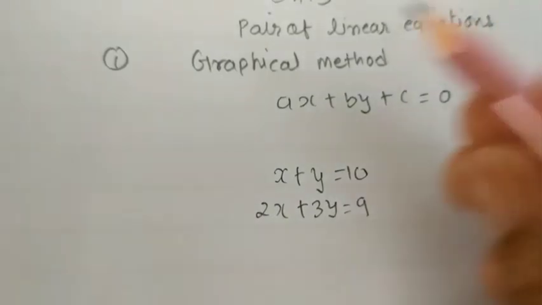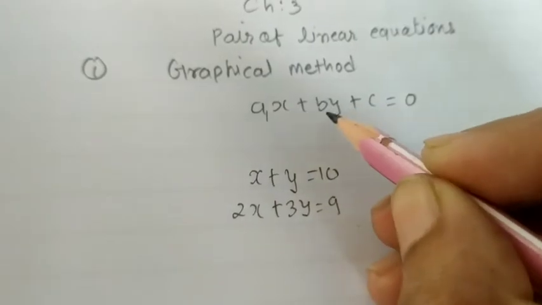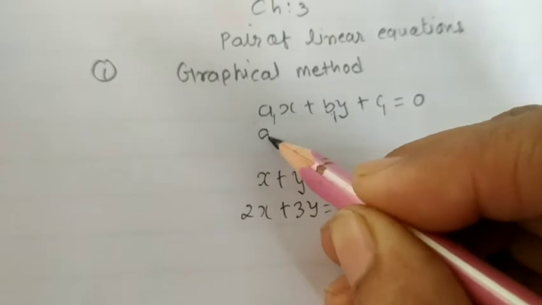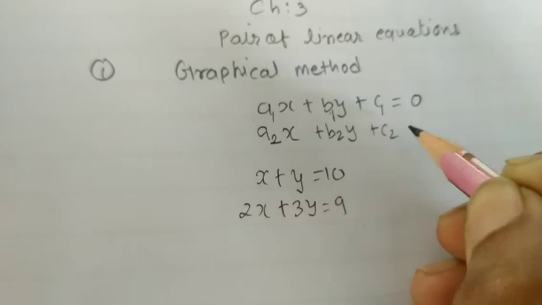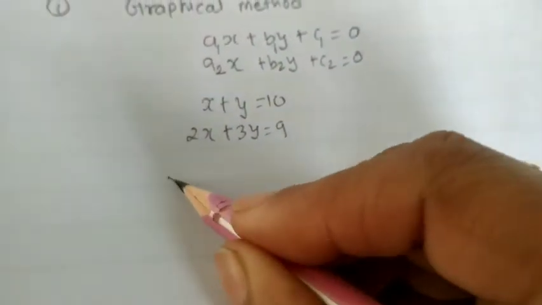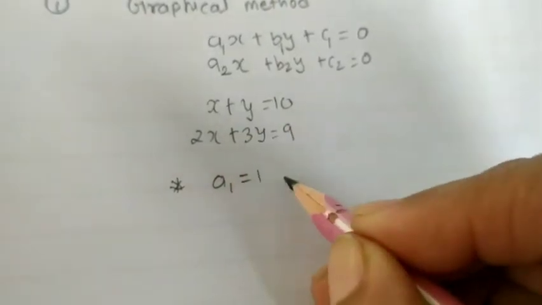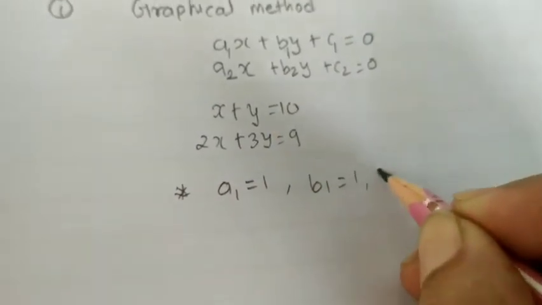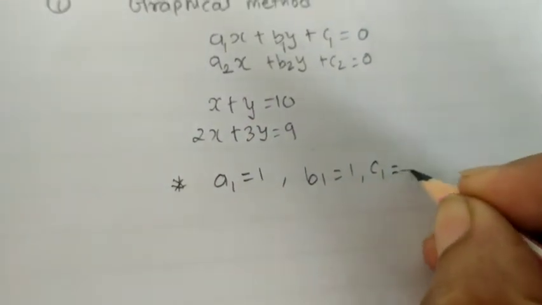If a pair of linear equations is there, then you write the first equation in the form a1x plus b1y plus c1, and the other equation as a2x plus b2y plus c2, equals 0. In it you have to identify what a1 is. Here a1 is 1, b1 is also 1, and c1, taking it to the other side of equals, becomes minus 10.